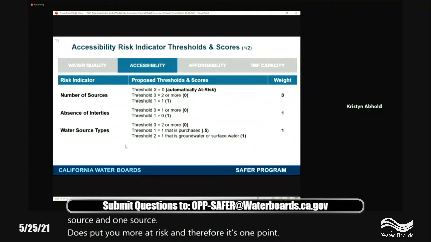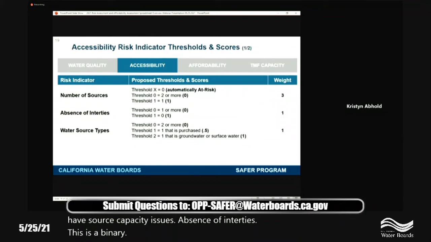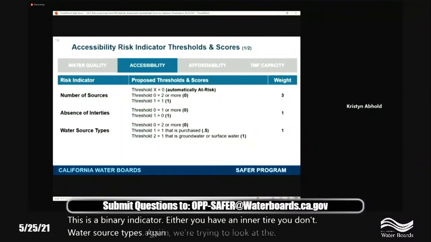And 1 source does put you more at risk, and therefore it's 1 point here and with a weight of 3. We also look at absence of interties. So having an intertie helps you be a little bit more resilient, especially in areas that are prone to drought and may have source capacity issues. Absence of interties, this is a binary indicator. Either you have an intertie or you don't. Water source types, again, we're trying to look at the diversity of sources.